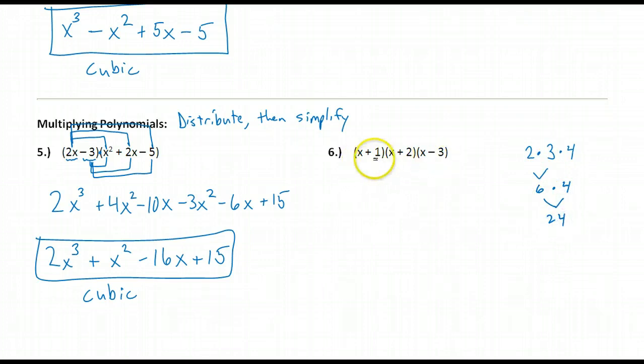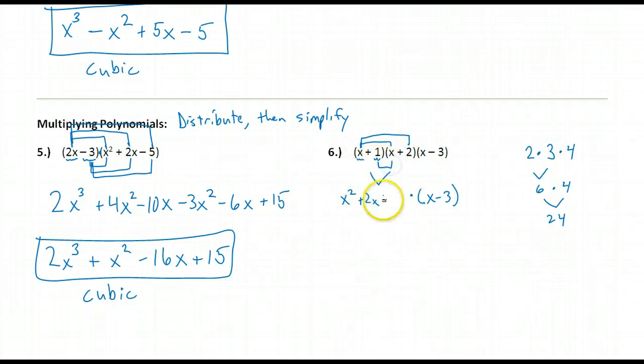I'm going to do the same thing here. To distribute, I'm going to distribute this x and this 1, but I'm only going to distribute the x and the 1 to what's directly behind it. I'm just going to multiply these first 2 polynomials first, and then whatever that answer is, I'm going to multiply it by x minus 3. So I'm going to take x times x and x times 2.